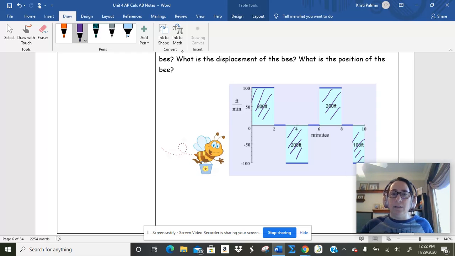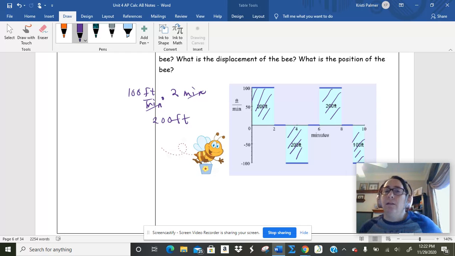So when I take this 100 feet per minute, and I multiply by the 2 minutes, the minutes cancel, and I get 200 feet. So that 200 feet is giving me the distance that the bee has covered.